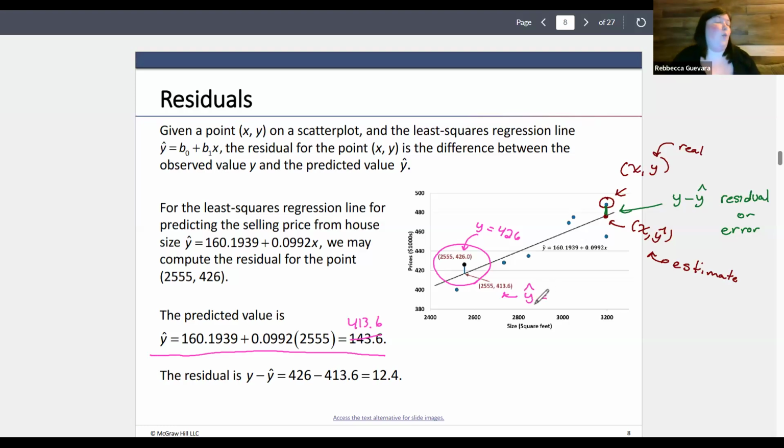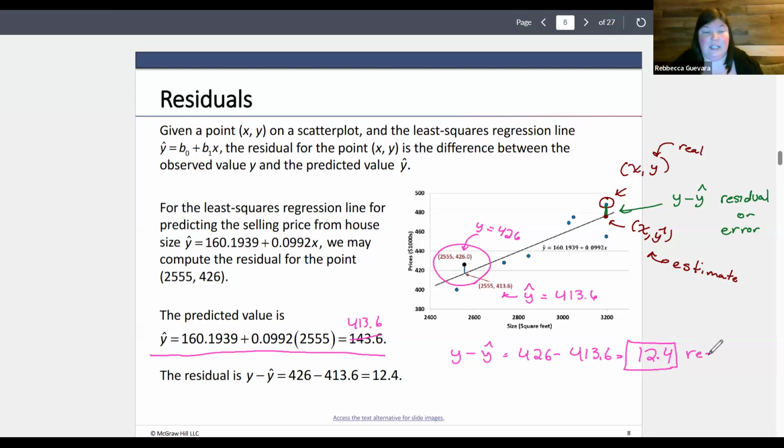And what this is saying is that we guess, because like I said, there's other things that could affect the price of a house. What we think is that if a house is actually 2,555 square feet, then the price is actually, sorry, for $413,600. The residual, that's the difference between y and ŷ. That residual is actually 12.4.